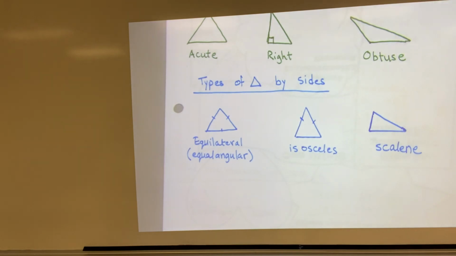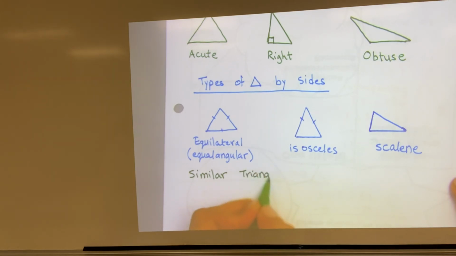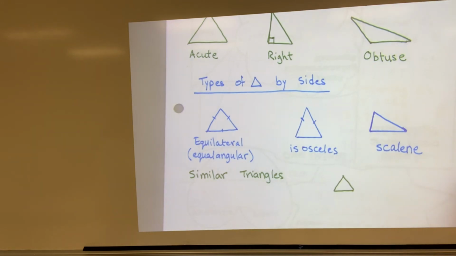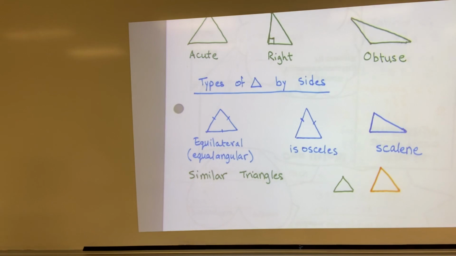Next, let's look at similar triangles. Let's say I have this triangle and another triangle that is similar to it, and as you notice, they don't have to be of the same size.